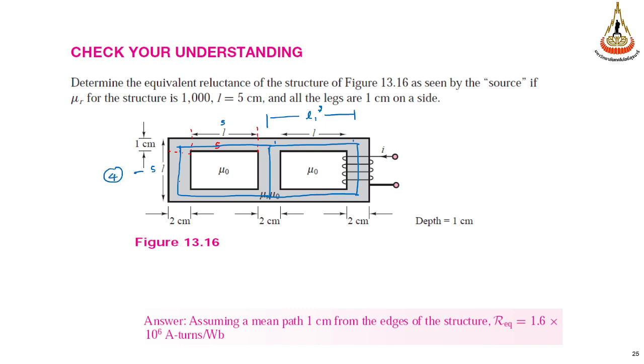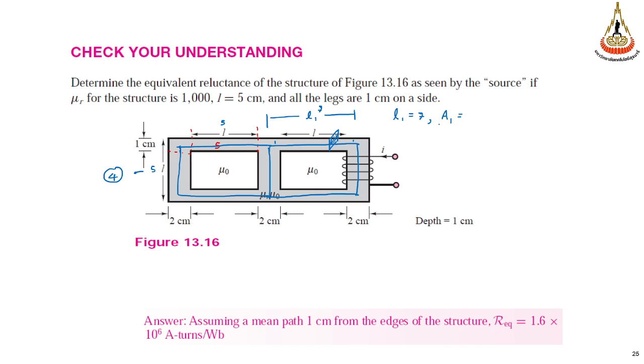If you calculate the reluctance of this part, you use L equal to 7, and A is 1 centimeter with the depth of 1 centimeter, 1 by 1.